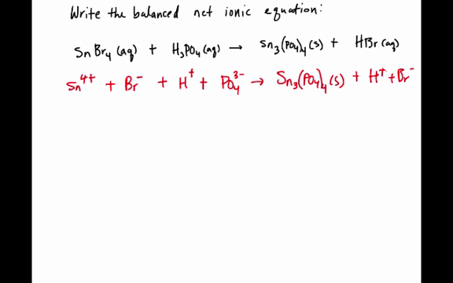Okay, I'm going to go through and get rid of my spectator ions. Anything that's not in here is a spectator ion, so H plus, Br minus. So my overall net ionic equation is tin 4 plus phosphate gives me tin 4 phosphate. Let me write that again.